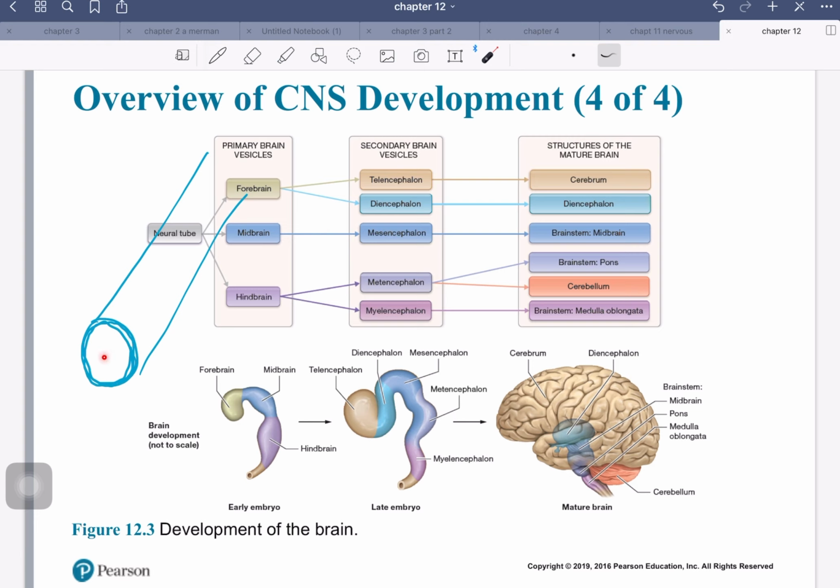And once again, this space is eventually the future home of cerebrospinal fluid and becomes a path that cerebrospinal fluid uses to travel around inside the brain and eventually on the outside of the brain where it's eventually reabsorbed. So that's a quick overview, just looking at some of the features.